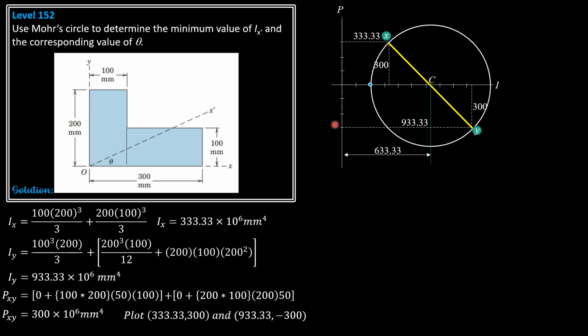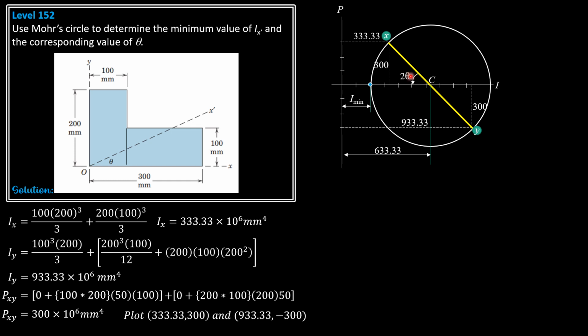So this is the leftmost point, therefore that's the minimum value of Ix prime, this one. So let's denote that by I minimum. And from the x-axis to the principal axis, which is here, we rotate counterclockwise.